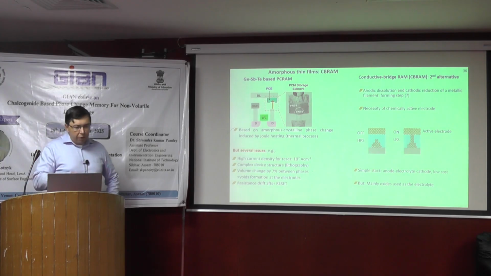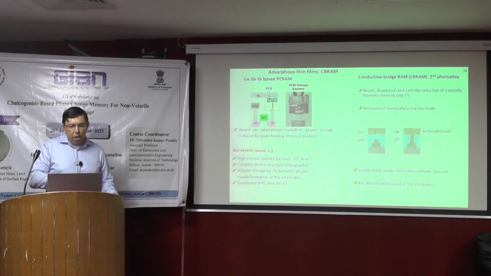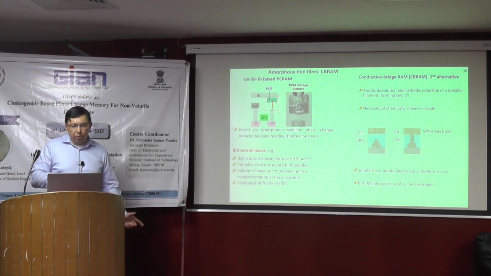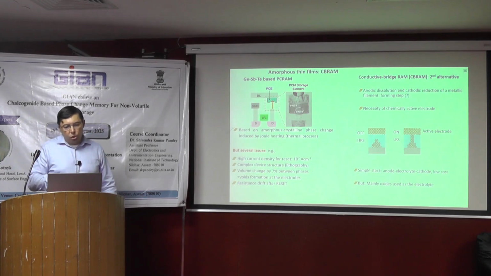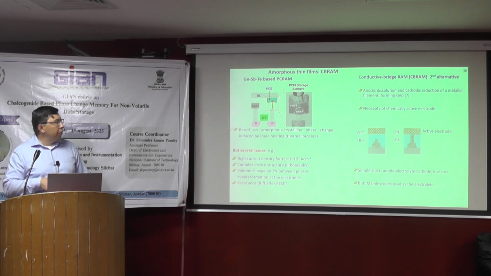So the second idea, what we can use instead of just switching between amorphous and crystalline, is the so-called conductive bridge random access memory. This is the second alternative to the normal cell. And here we have, as I said before, anodic dissolution and cathodic reduction of a metallic filament.